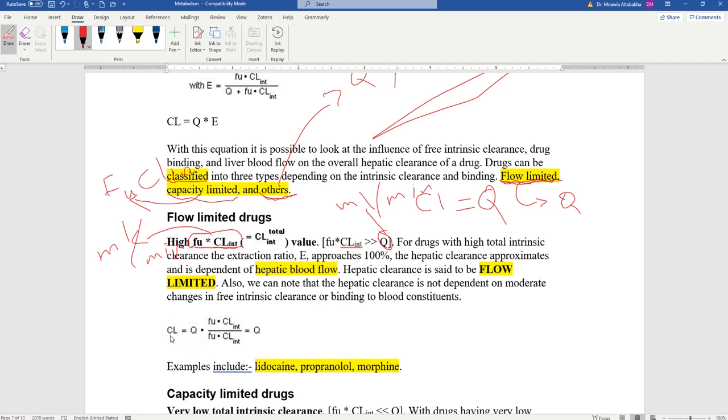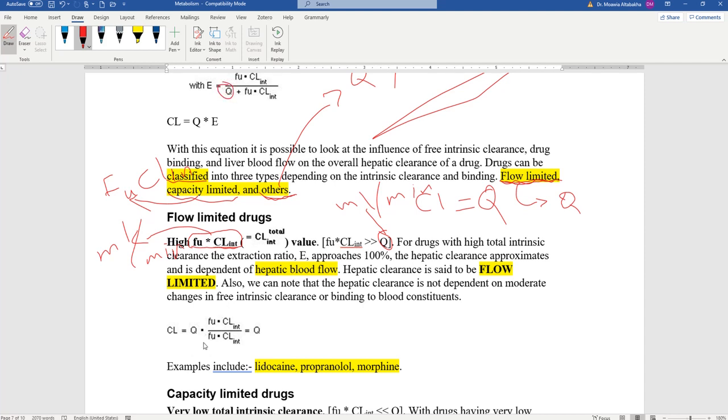See here, this is the hepatic clearance, as we already discussed. It's equal to blood flow times FU times intrinsic clearance, divided by FU times intrinsic clearance plus Q. What is missing here is Q plus.